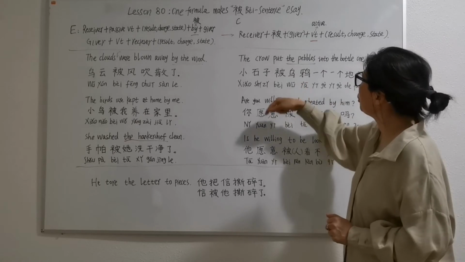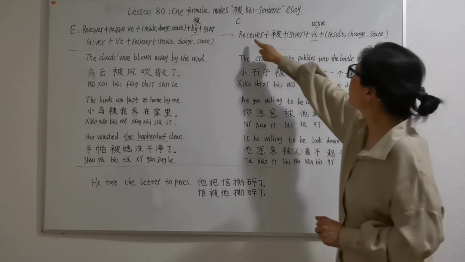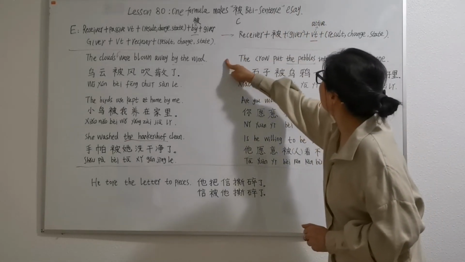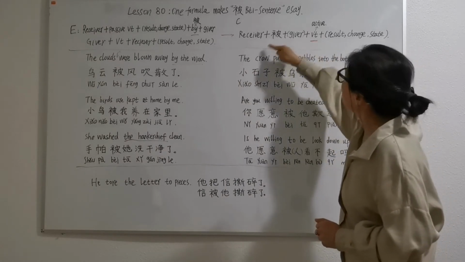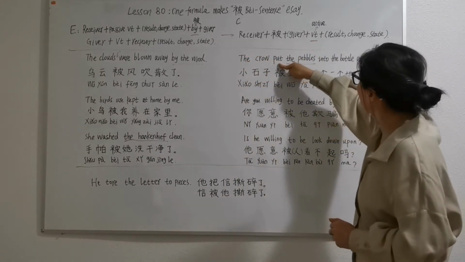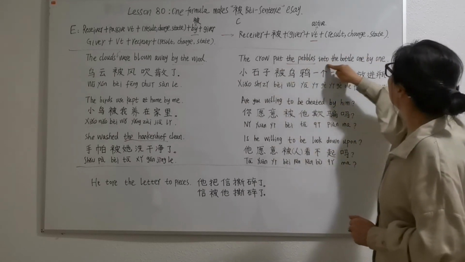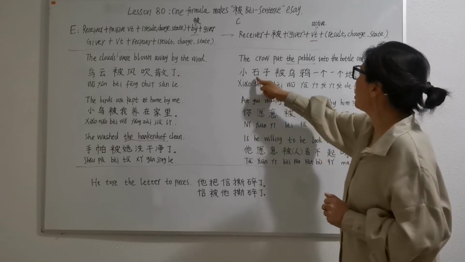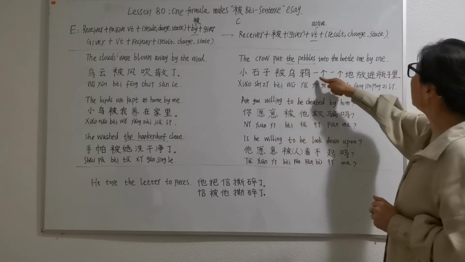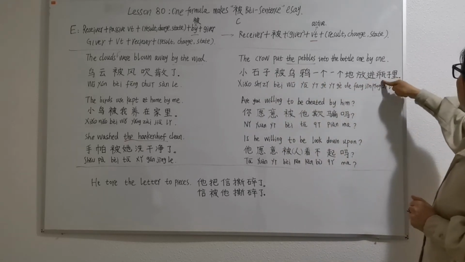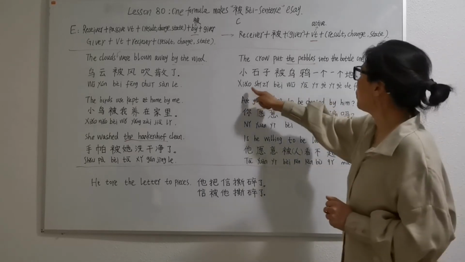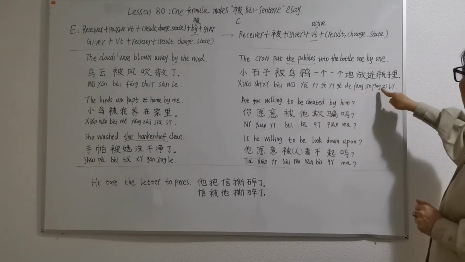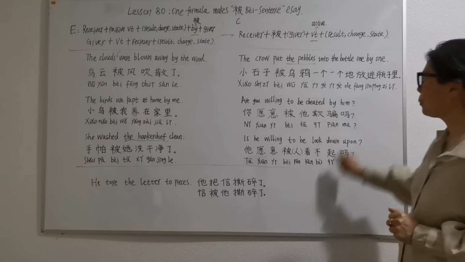So how to change it into 被-sentence? Receiver, the pebbles, at the beginning, then 被 giver, 被 the crow, followed, then put and the result, put into the bottle one by one. So we say 小石子被乌鸦一个一个的放进瓶子里。Go on.